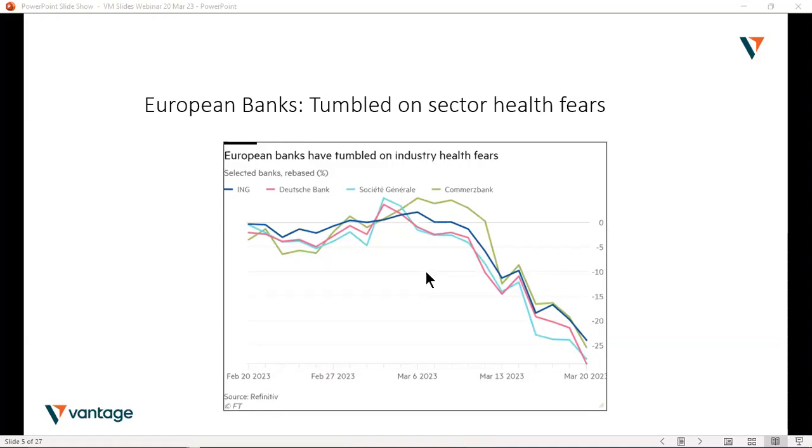global systemically important banks. As I say, lots of talk around these 80 billion of additional Tier 1 bonds, and these are hybrid bonds which offer higher yields than other debt, but can be converted into equity in the case of a credit event.